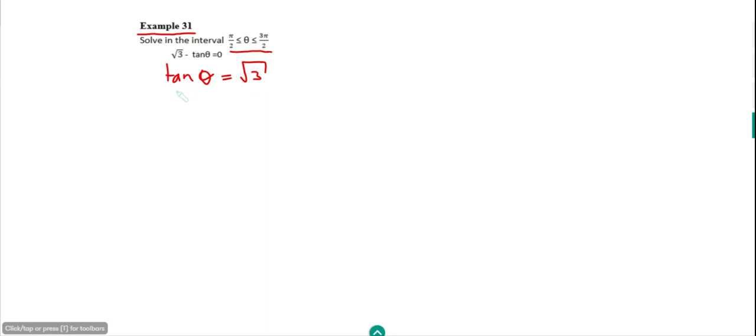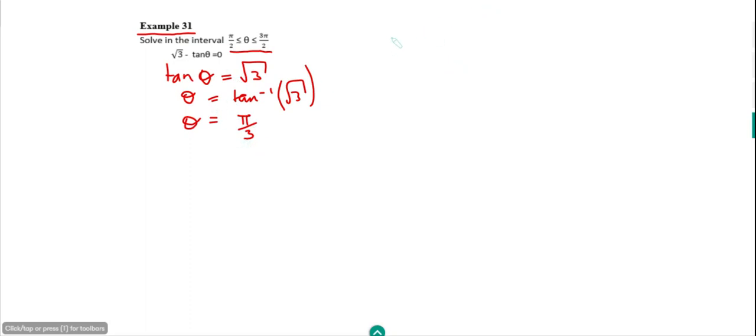So what we'll be doing is setting our calculator to radians again, making sure it's in radians, and theta will equal tan minus 1 of root 3. And what that will give us, according to our calculator, is pi by 3. But again, that is just the first angle closest to 0.